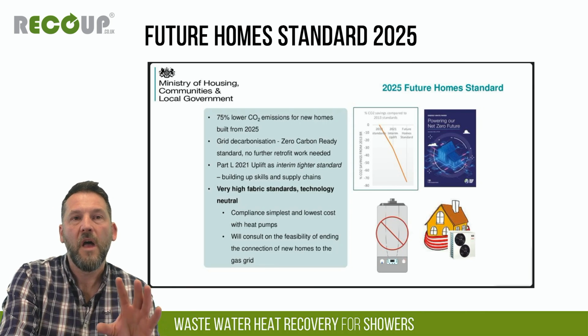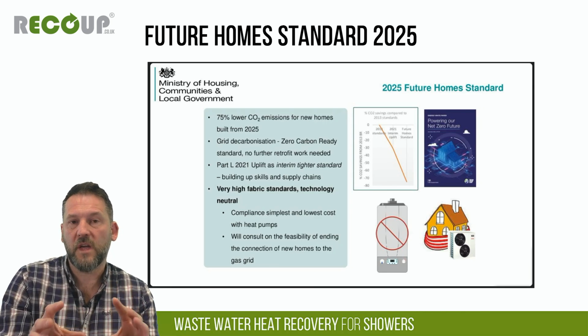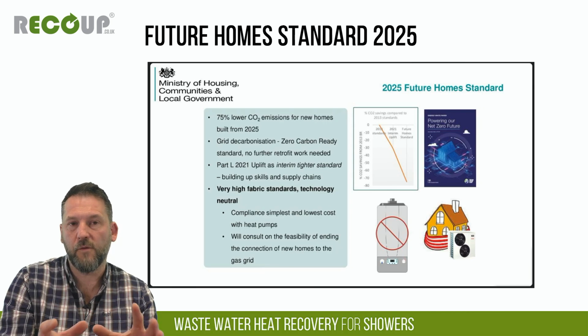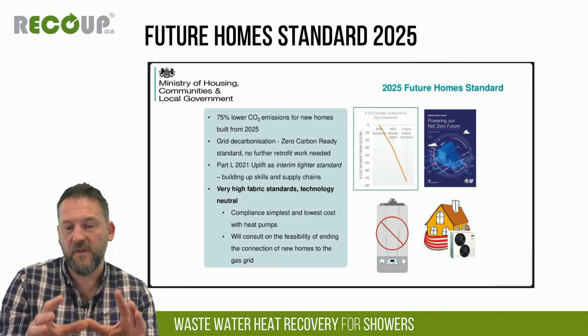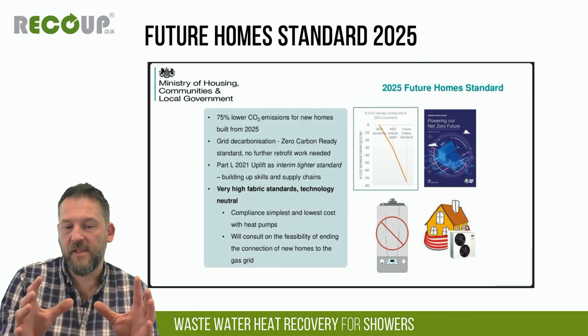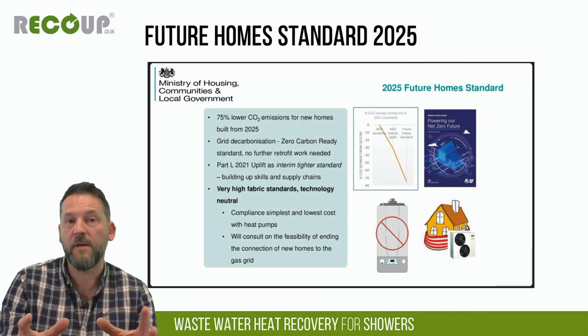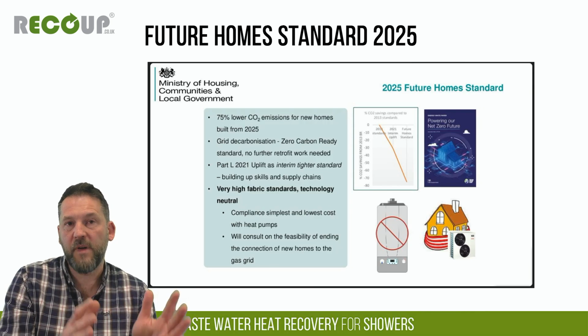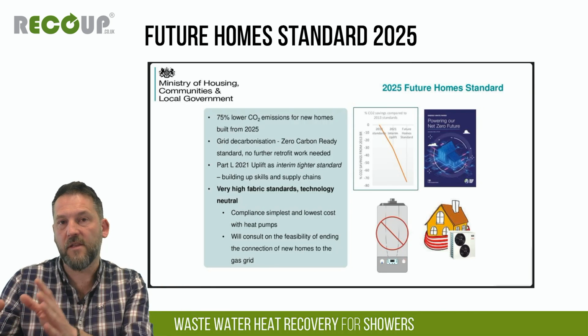But the Future Homes Standard, which is due to come into force around 2025, 2026, is essentially looking at the ban, or the no more use of fossil fuels for heating homes, and moving to all electric. The idea of moving to all electric is that as the electricity grid becomes 100% renewable over time, any new build home built from 2020 in England and ultimately the UK will decarbonise as the grid decarbonises.